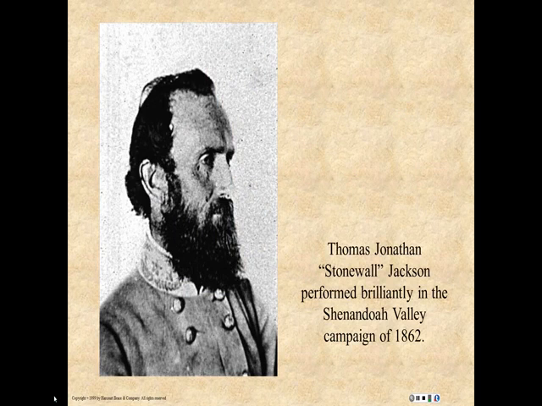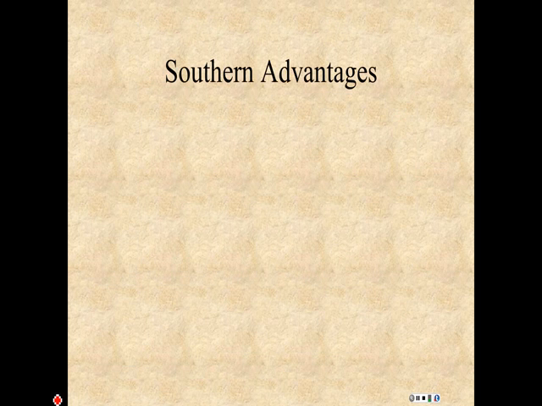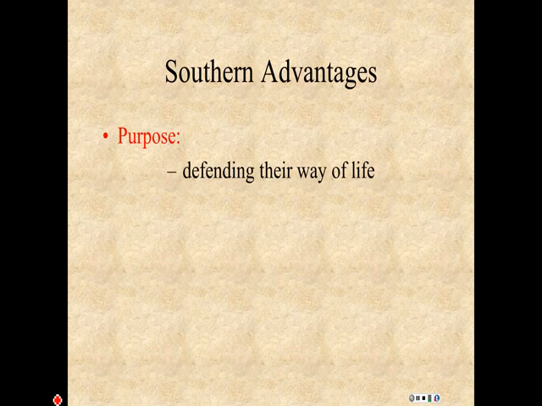So the South has a number of advantages, including, we might argue, this sense that they're fighting to defend their way of life. They feel very righteous about their way of life, which includes slavery, by the way, as you should recognize from the readings that you've done.